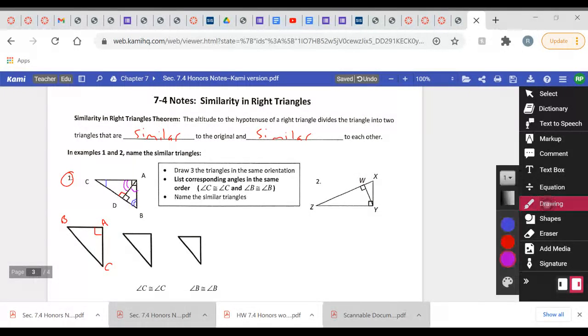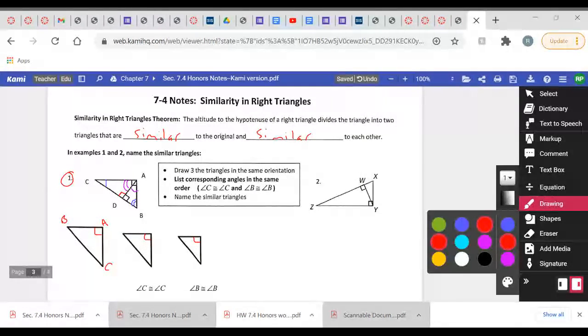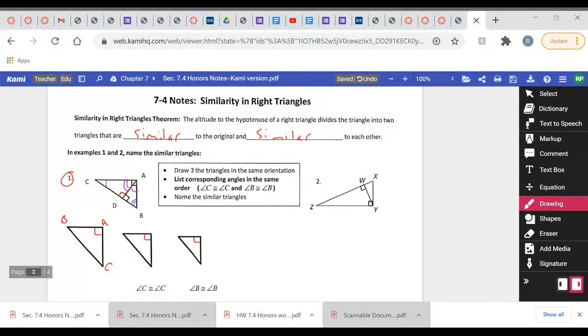So now if we go ahead and get our triangles figured out here, I know all these are right angles. If I look at the main big triangle, and say the shorter side is AB, I've got a 90, the B has a 2 mark, and the C has a 1 mark.